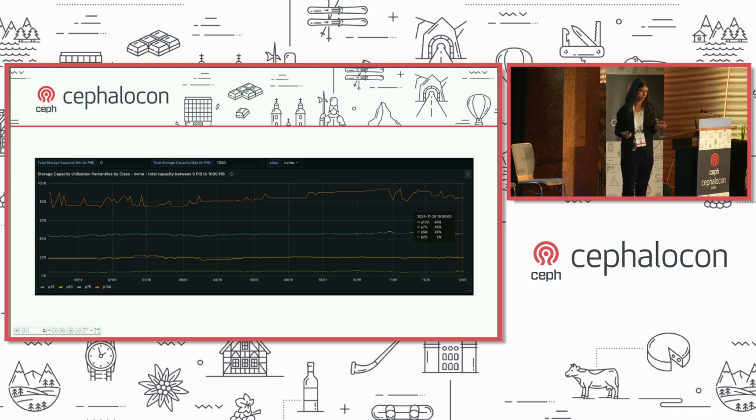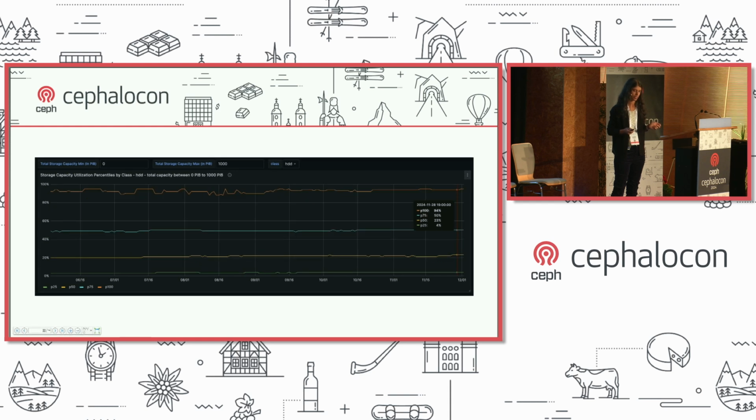For example, here we're looking at clusters whose maximum capacity is 1 exabyte, and we're looking at the NVMe storage class. If we look at the 50th percentile, we can see that it's just 20% utilization. But if we look at the top one, it's 84. It gives us some idea of how disks are being utilized.